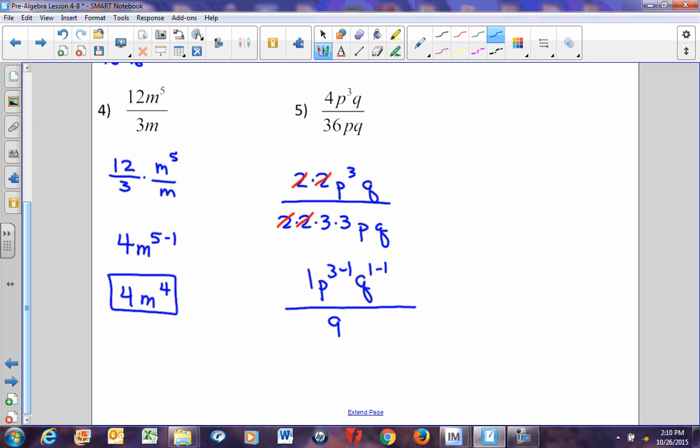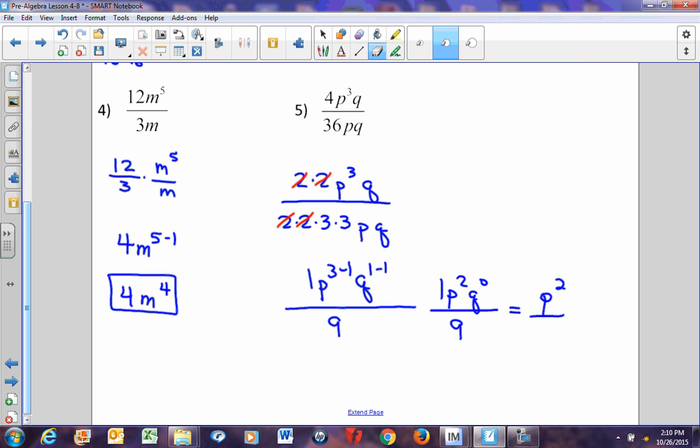So let's simplify that. That would become 1. P to the 3 minus 1 is p squared. Q to the 1 minus 1 becomes q to the 0 power, which is just 1 all over 9. So to simplify this even further, it would just become p squared over 9. I'm getting my q's and my p's confused. P squared over 9.